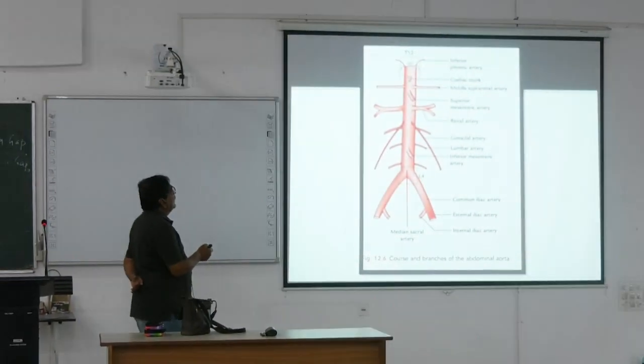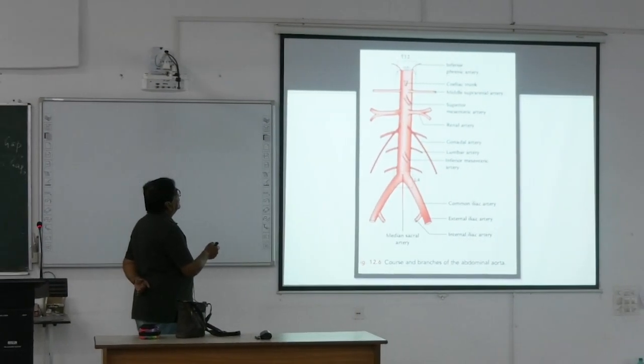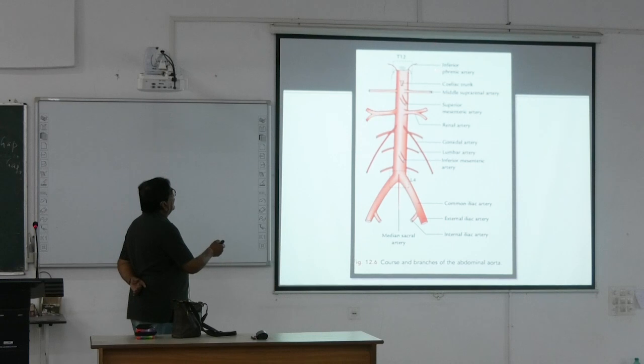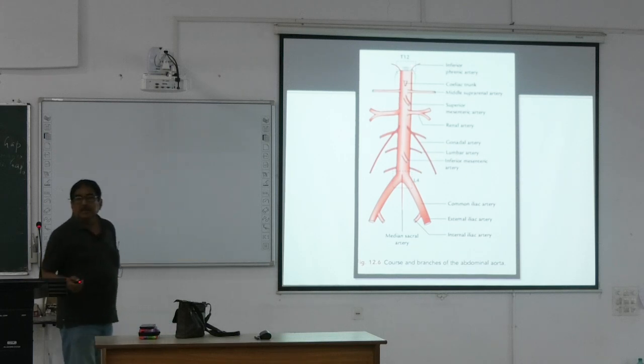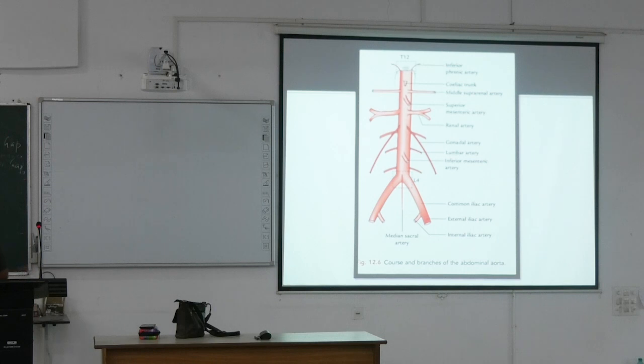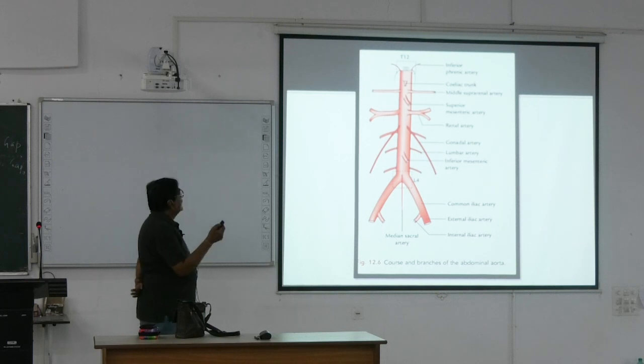You can see the inferior phrenic artery, because the diaphragm is here, the right crus of the diaphragm and the left crus, like a dome, like an umbrella, separating the abdominal cavity from the thoracic cavity.